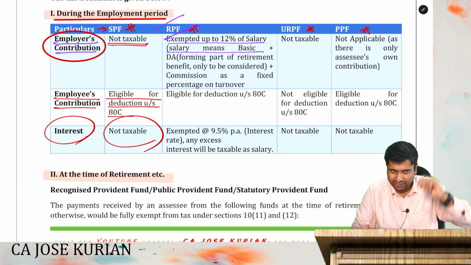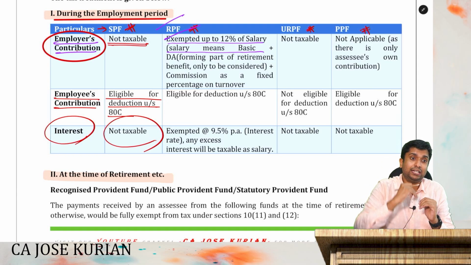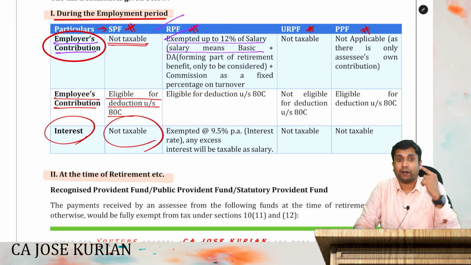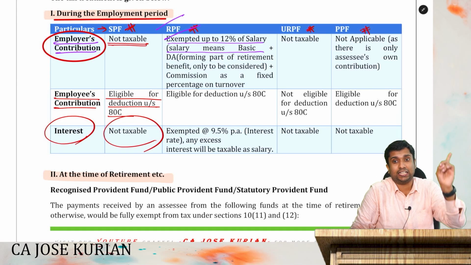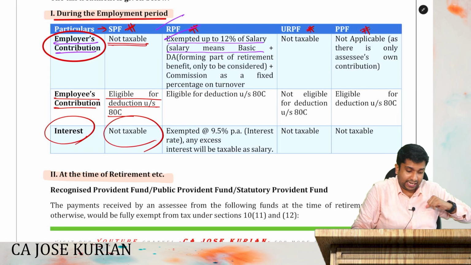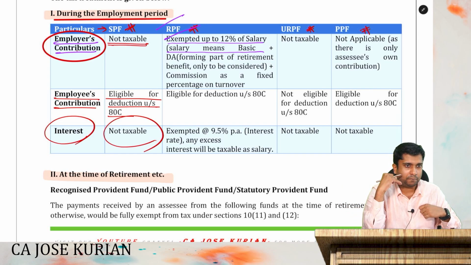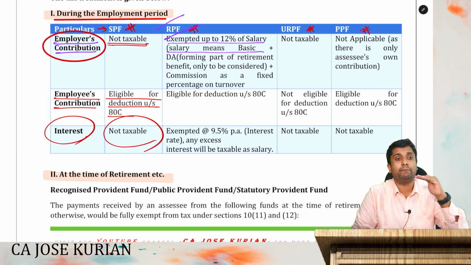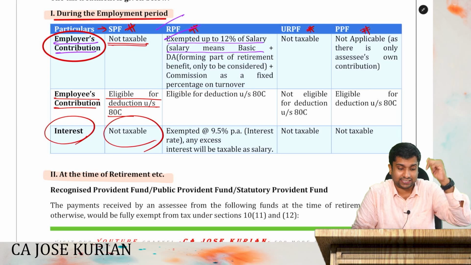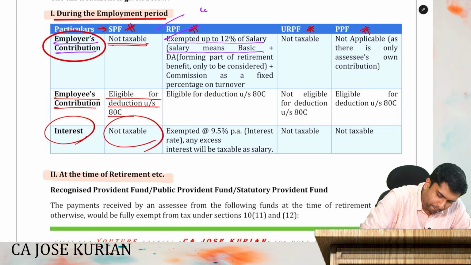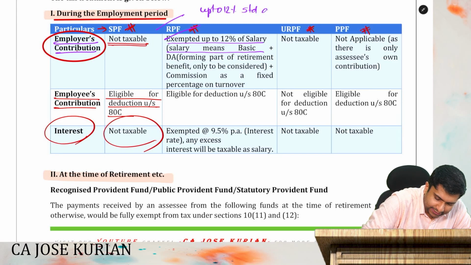So listen friends, when my employer contributes something from his own pocket to the recognized Provident Fund, in my hands, that is not taxable, that is exempted, but there is a ceiling limit for that exemption. How much is the ceiling limit? They say up to 12% of standard salary is the maximum exemption.